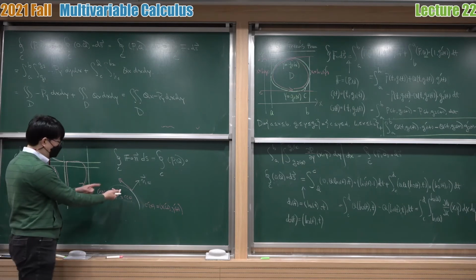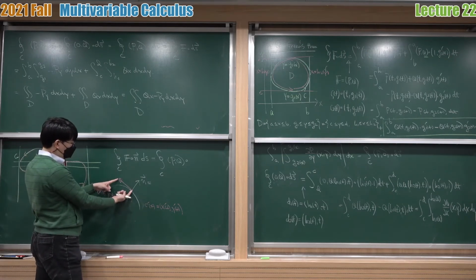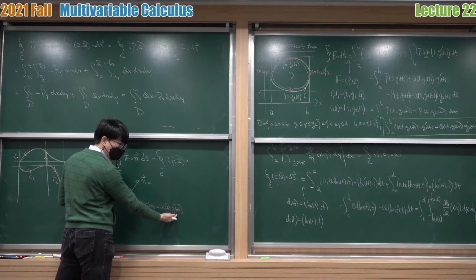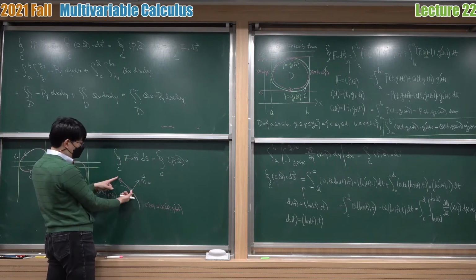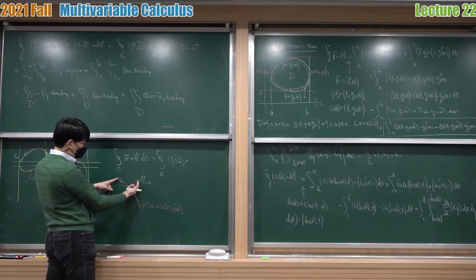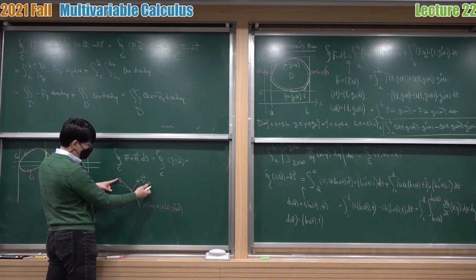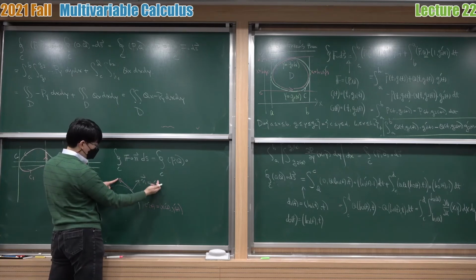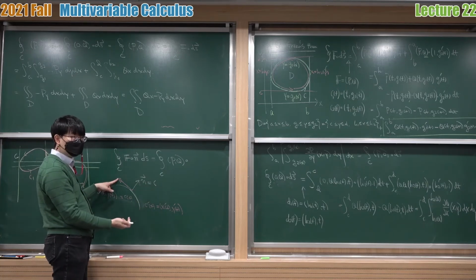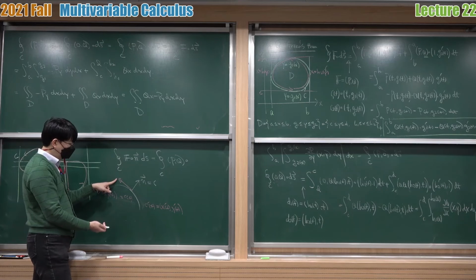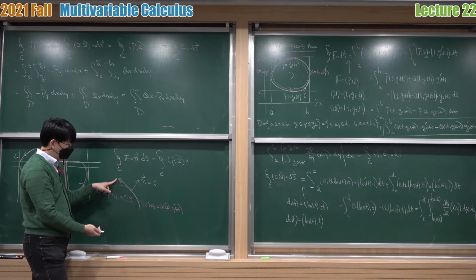If you have this vector as x prime, y prime, what should the normal vector's coordinates be?